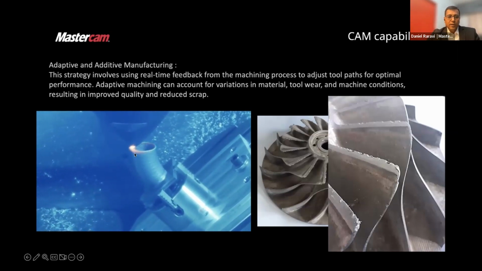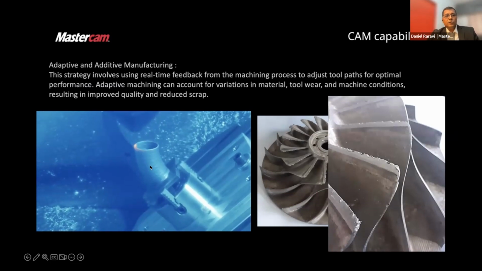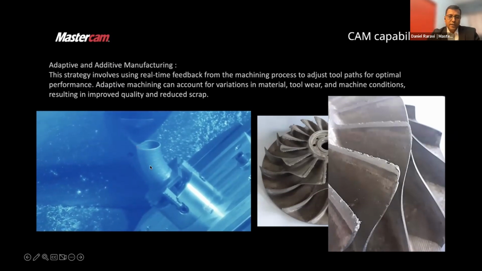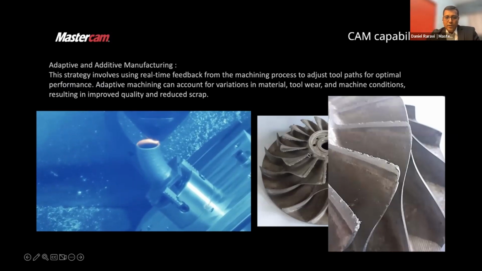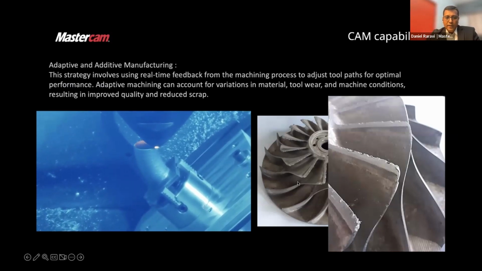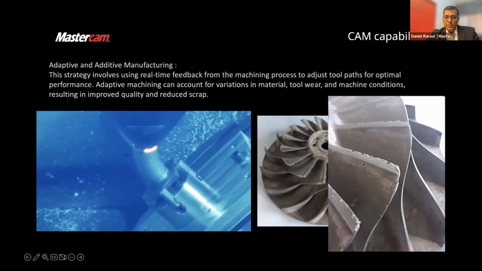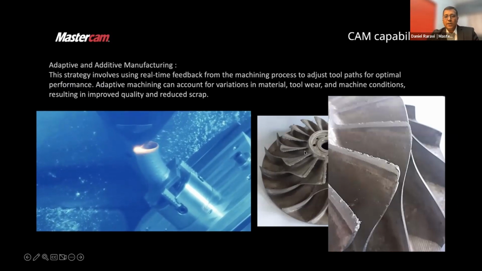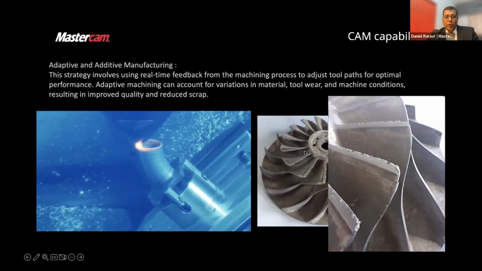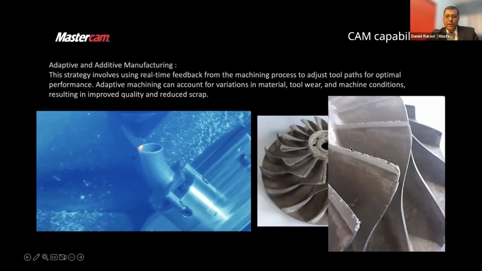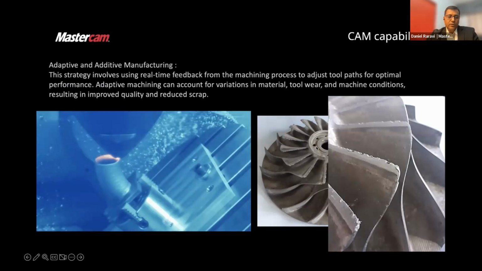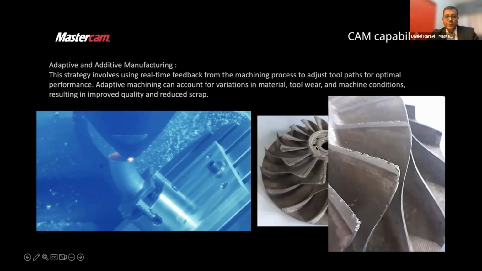And finally, similar technology is used for adaptive manufacturing. What is adaptive manufacturing? When we look at this impeller here, it's got some damages on the leading edge here and on the top edges. Now, replacement of this part is more expensive. But in case we had an alternative to repair only the edges that are damaged, it would help on various factors.